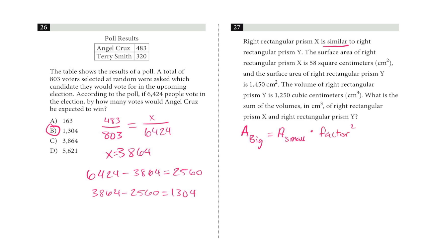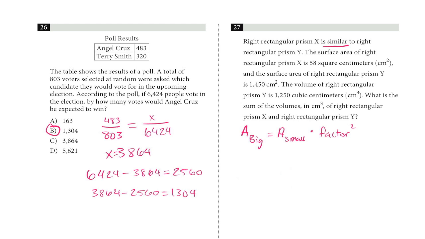The factor is what we're multiplying the sides by to get the other shape's sides. So factor is, if I have a rectangle, and this is 2 and 4, and then I have a similar rectangle, and this would be 4 and 8, the factor is 2, because I'm multiplying the smaller shape sides by 2 to get the larger shape sides.